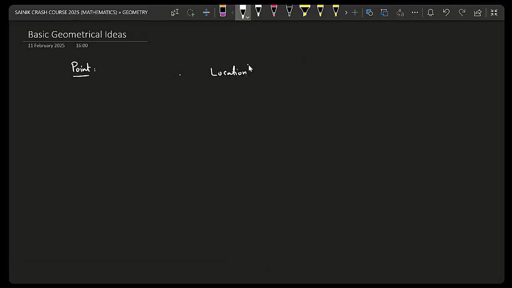Other than location, there is no use of a point. So how are points named? There are different points, and I want to name different points with different names. We can name point A, point B, point C, D, etc. So use capital English letters only. Don't use small letters. For points, you must use the capital English alphabet only.